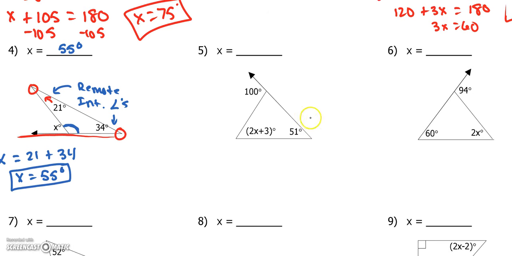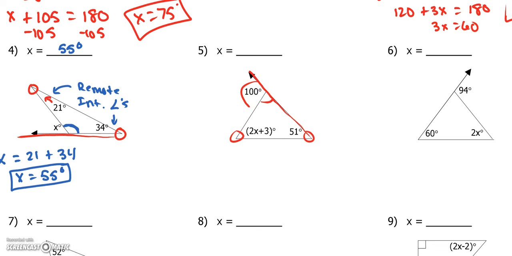So again, for number 5, here's my side that's been extended. So this is my exterior angle. Here's the angle that formed a linear pair, so that's not remote. But these two angles here are remote interior. So we'll do the same thing.